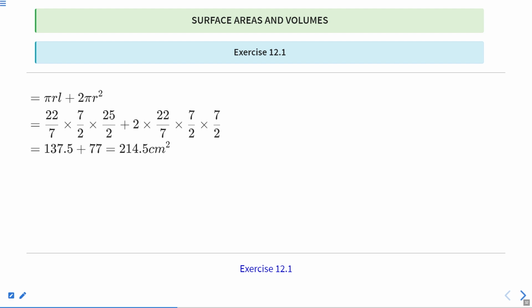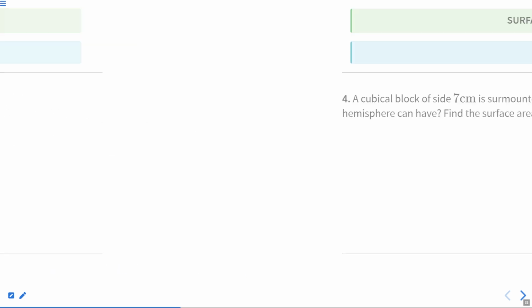Putting in the values, we get 22 by 7 into 7 by 2 into 25 by 2 plus 2 into 22 by 7 into 7 by 2 into 7 by 2, which is 137.5 plus 77, and if we add them, we get 214.5 centimeter square. So the total surface area of the toy is 214.5 centimeter square. Now let us move to the next question.